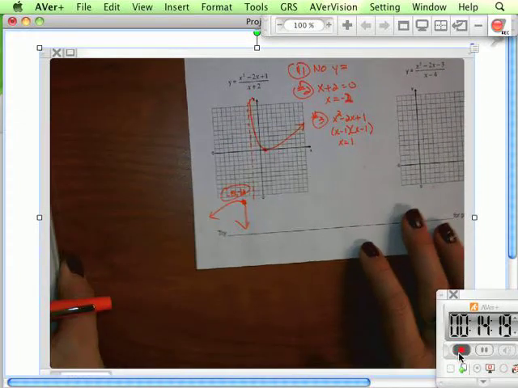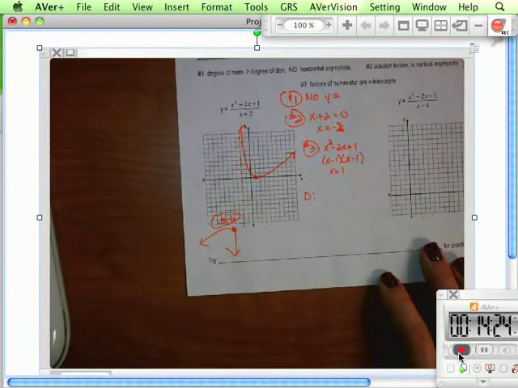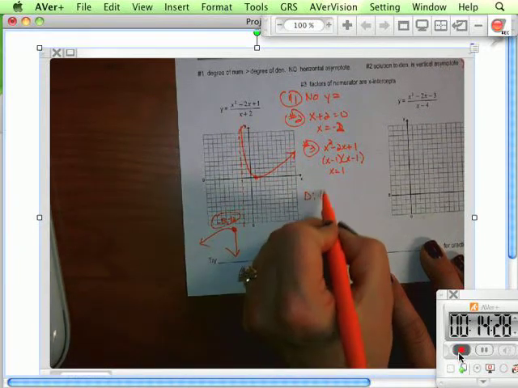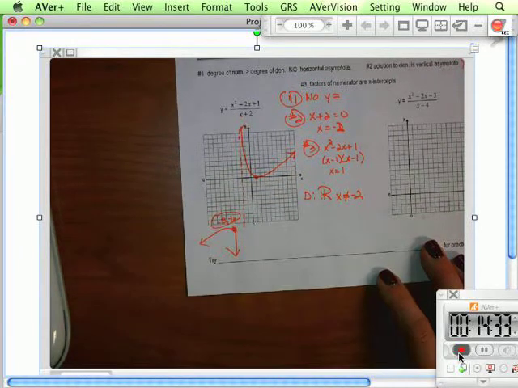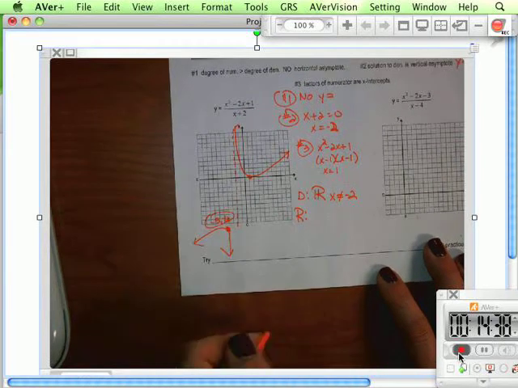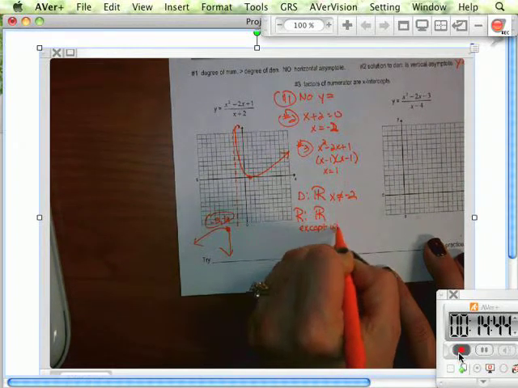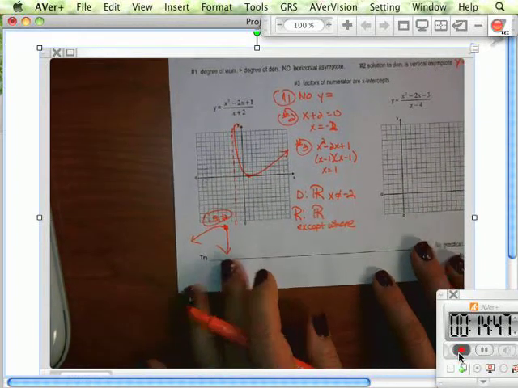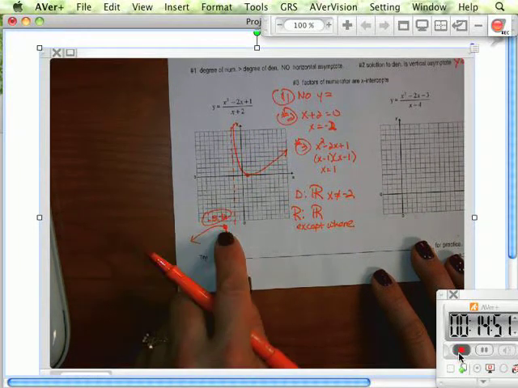All right, let's just do the domain and range, and then we'll be done. We won't do the next one. What can x be here? All reals except for what? And then the range can be all reals except where -12 and 0.